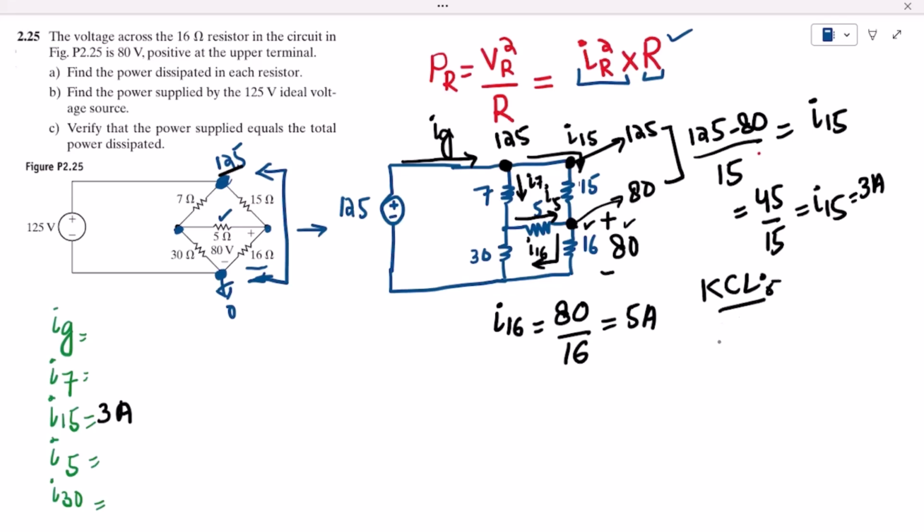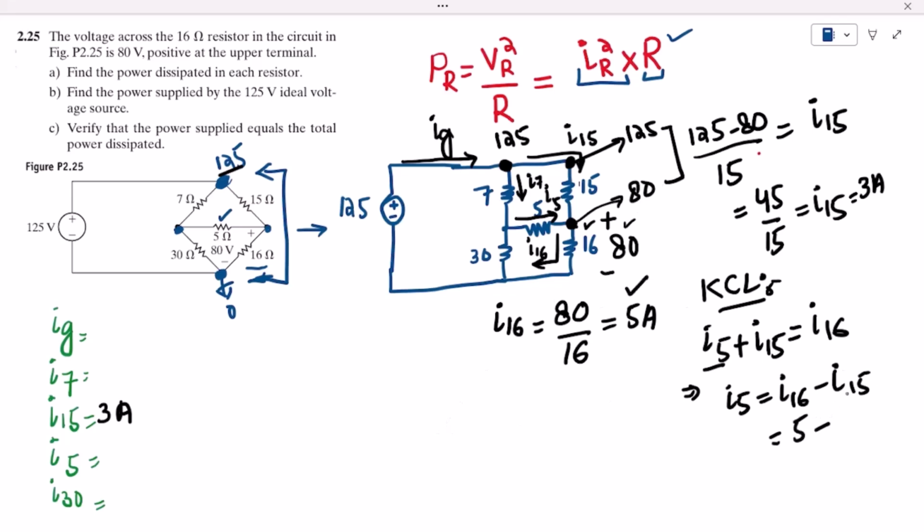According to the KCL, I5 plus I15 is equal to I16, or as we want to find out this I5, I5 is equal to I16 minus I15. The value of I16 is 5. The value of I15 is 3. So the value of it is 2 amperes. So I5 is 2 amperes, that is here.